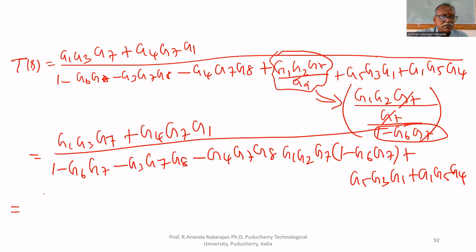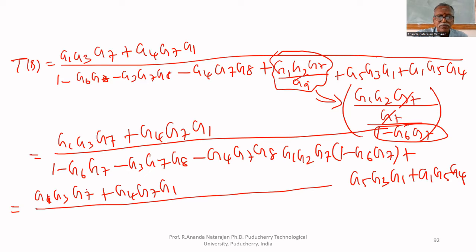Then one more step: G1 G3 G7 plus G4 G7 G1 whole divided by 1 minus G6 G7 minus G3 G7 G8 minus G4 G7 G8.